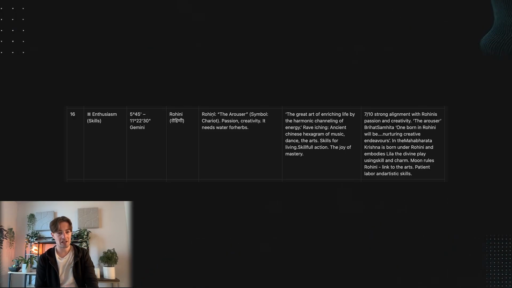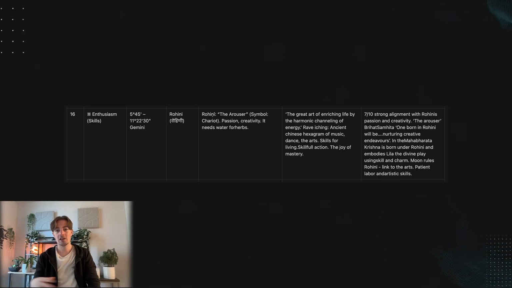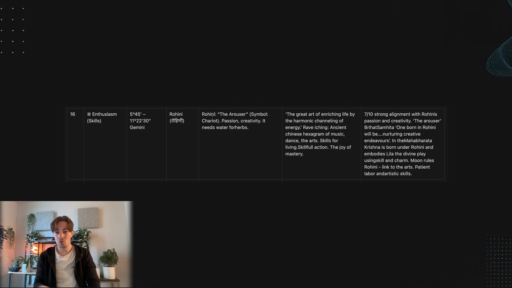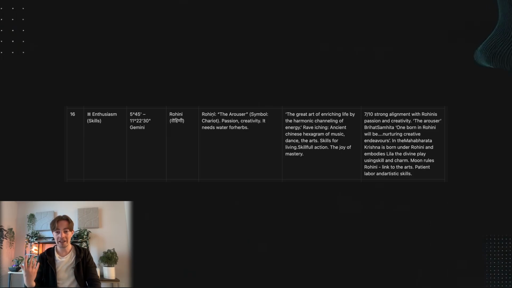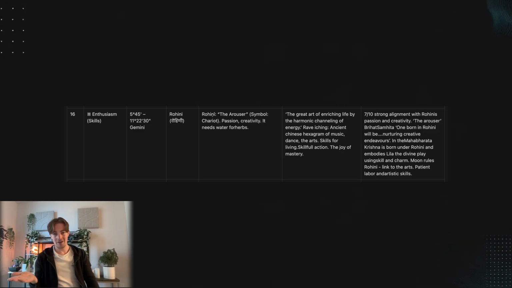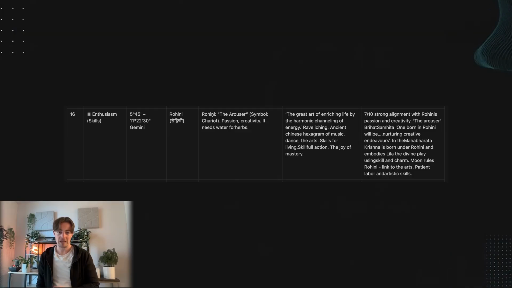The gate of enthusiasm and skills, with the I Ching pointing to music, dance, and the arts, lines up directly with the Rohini Nakshatra being this arousing, with one born in Rohini nurturing creative endeavors, and Krishna embodying the divine play using skill and charm. It's a really strong 7 out of 10, maybe 8 out of 10 alignment. Again, there may be some instances where the alignments don't work, but where they do, it's very compelling, because these are systems thousands of years apart.